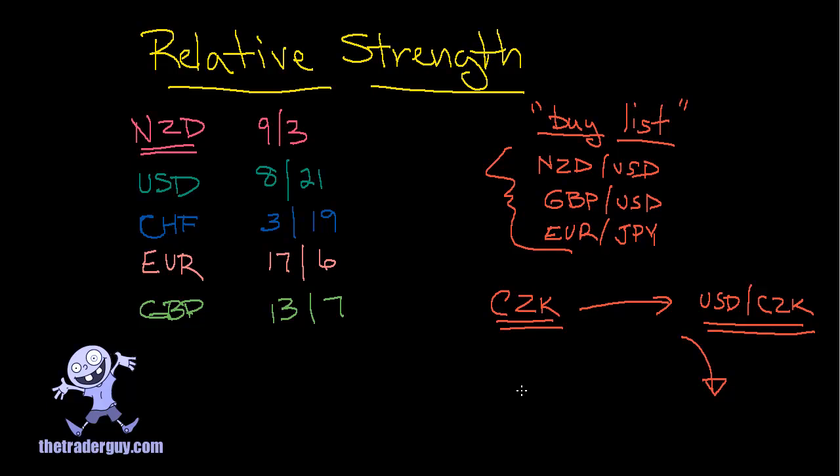So in review, find what's strongest by looking around the market. Don't get stuck looking at one New Zealand dollar chart and compartmentalizing that and saying, okay, New Zealand dollar is doing this, but New Zealand Swiss is doing this, so which one should I trade? Look at the whole market. It really doesn't have to be difficult. If you're willing to spend a little bit of time, you can come up with a buy-in list, and you know exactly where you want to be as far as what markets, and then it's just a matter of finding the setups.